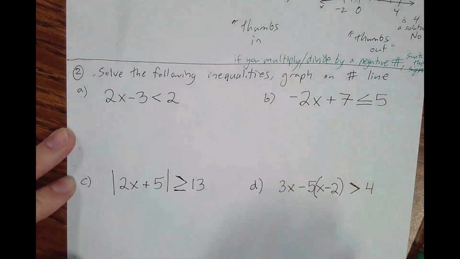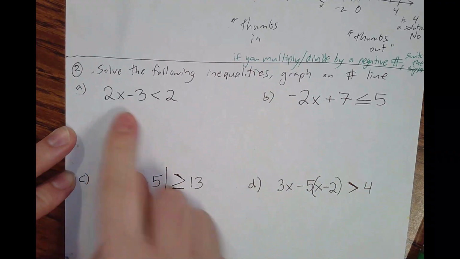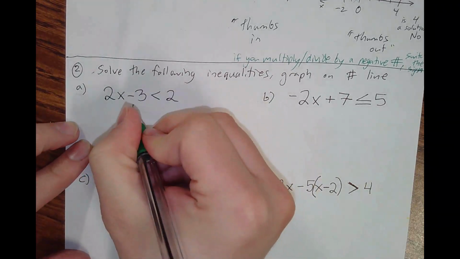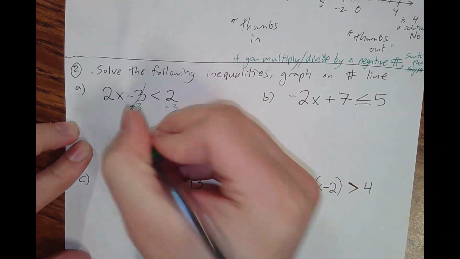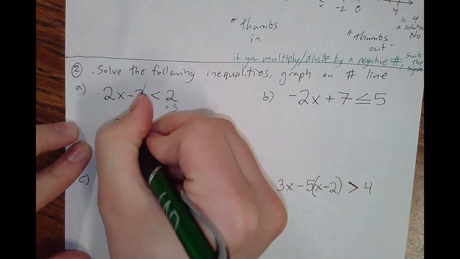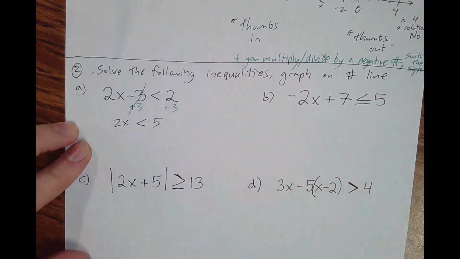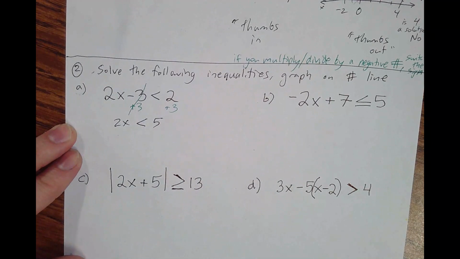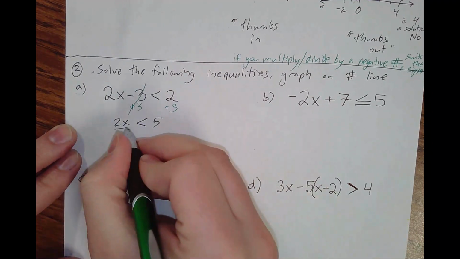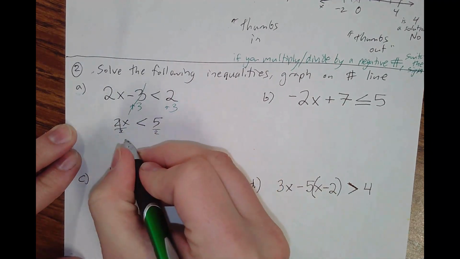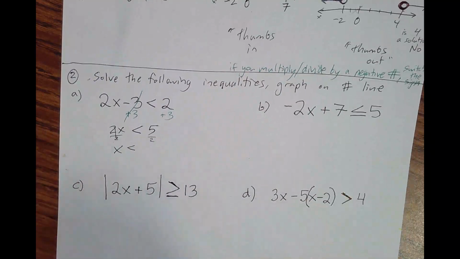Or test your boundaries. For this first one, we're going to go ahead and add 3, giving us 2x is less than 5. Divide by 2, and that gives us x is less than 5 divided by 2. What is 5 divided by 2?